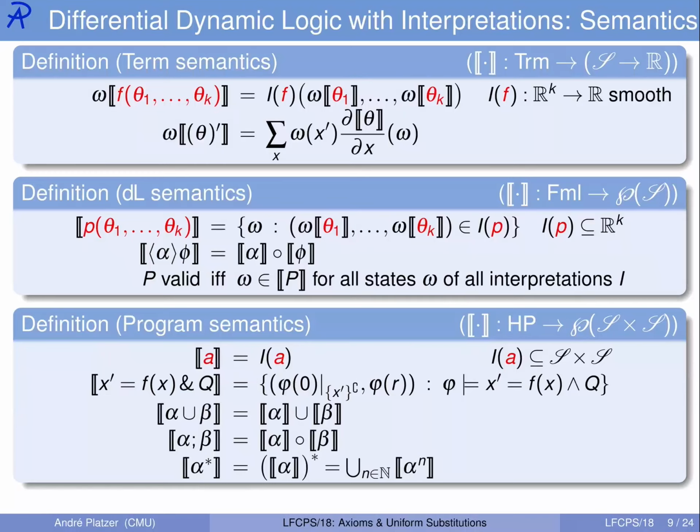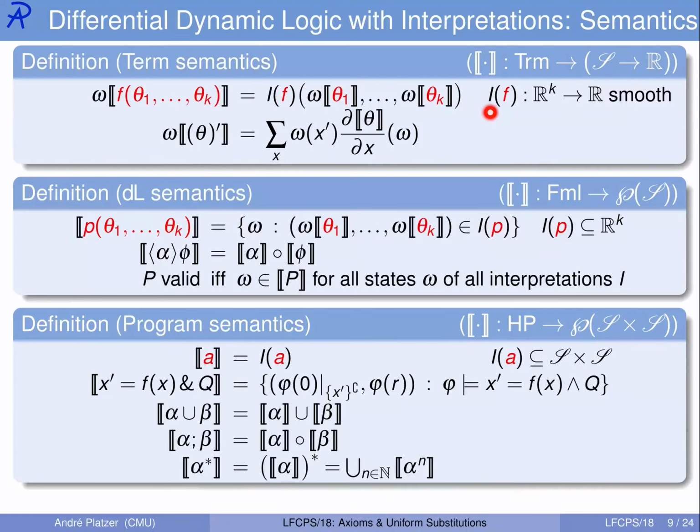Remember, the semantics of a term is a function that maps states to real numbers, and the new part of it is that the value in a state omega of a term that happens to be a function symbol composed with k terms depends on the meaning of the function symbol.